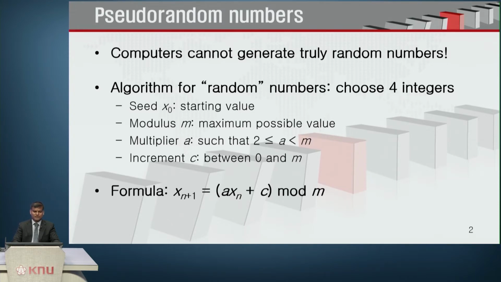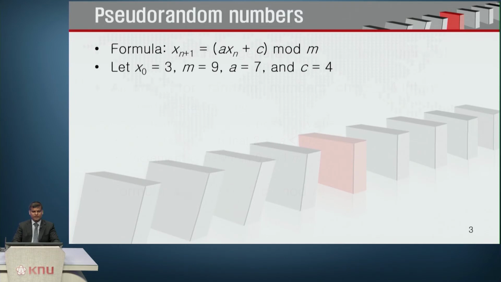Yes, you have x, you have c, you have a and m. Well, with this we can try to generate it. So you have this formula there: x sub n plus 1 equals a x sub n plus c, mod m.